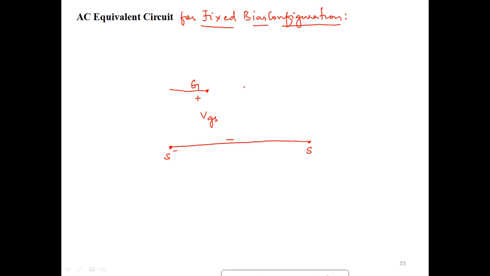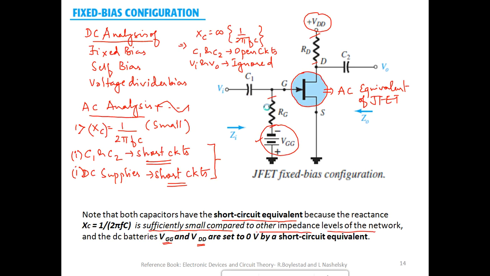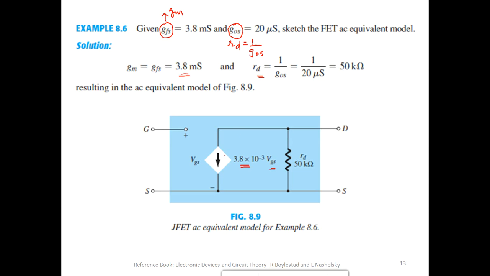Then at the output side, that's the drain end which is held at positive potential with respect to the source. What do we have here, by the way? We have a voltage controlled source, right?